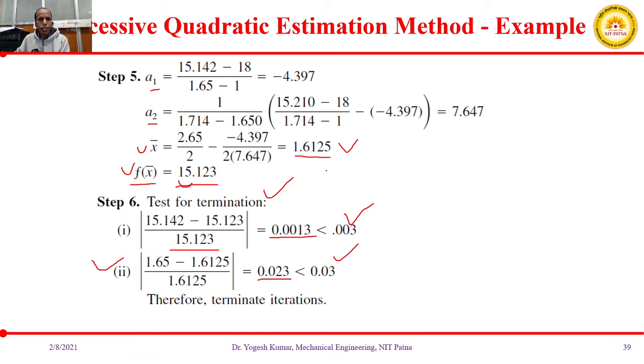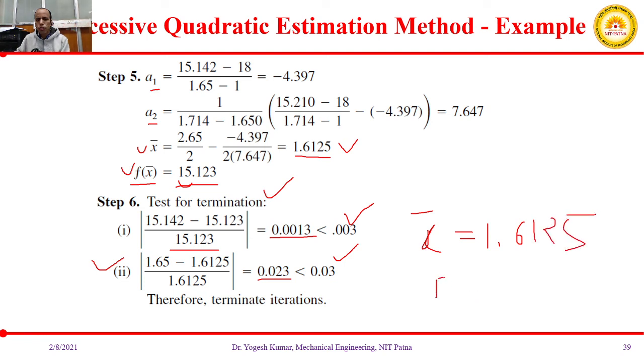You will opt for your solution as the minimum of these calculated values. So what will be your solution? Your solution will be x bar equal to 1.6125.